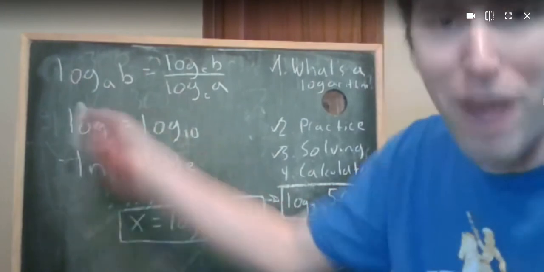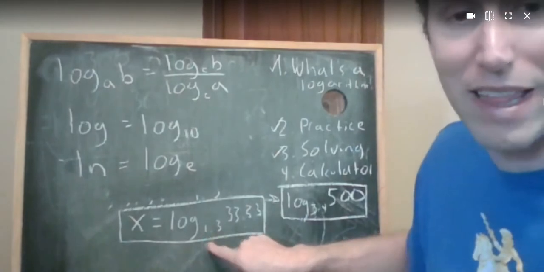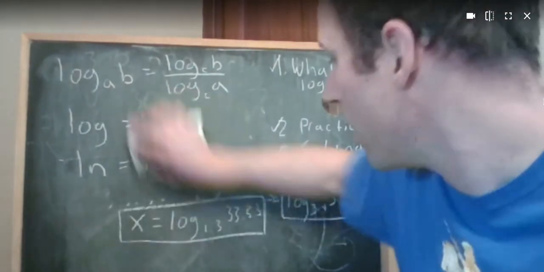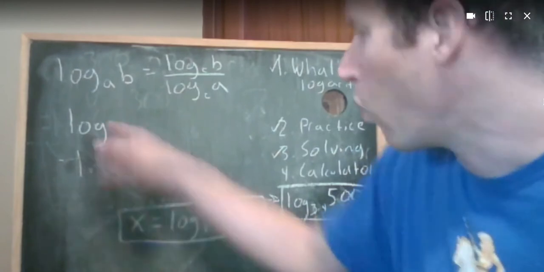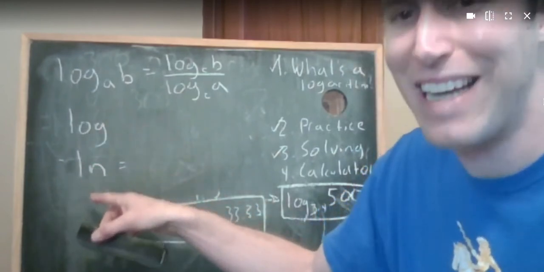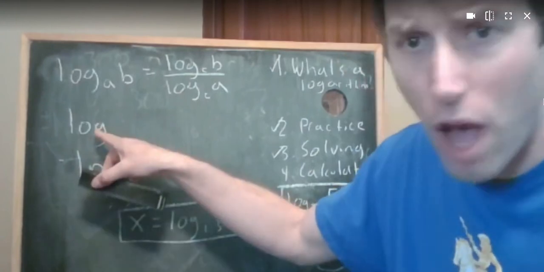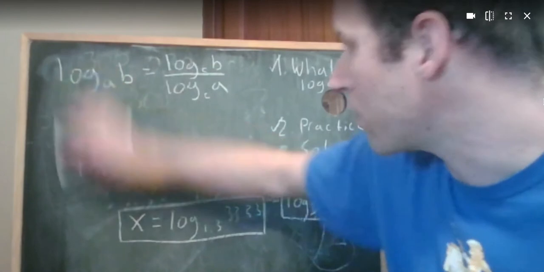These are the two buttons your calculator actually has on it. So if I want to evaluate something like log base 1.3 of 33.33, I'm going to pick one of these two. We'll actually go with natural log, because if you have a TI-89, it doesn't even have a common log button. All it has is the natural log. So we'll go with natural log for these examples.